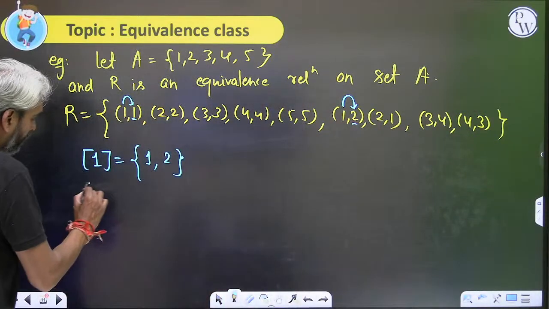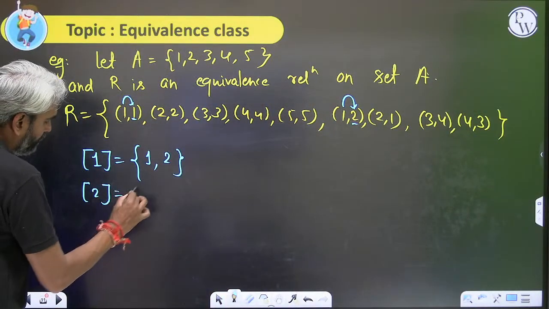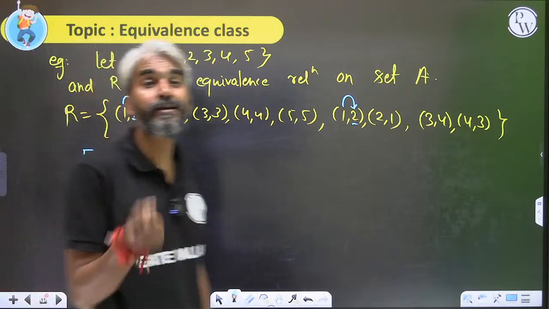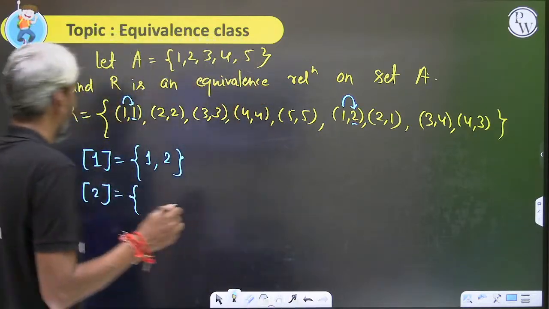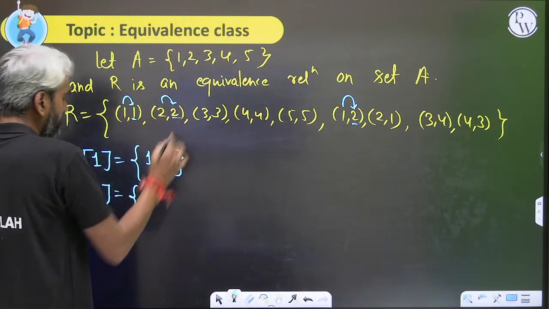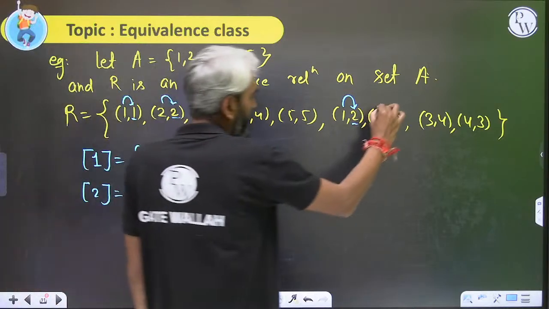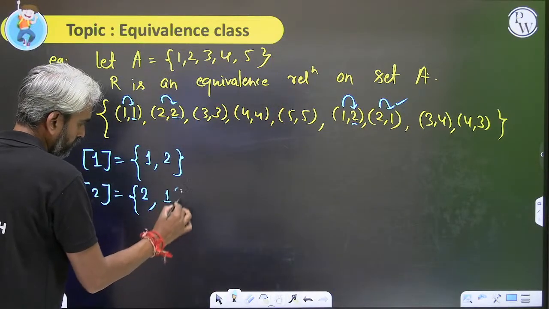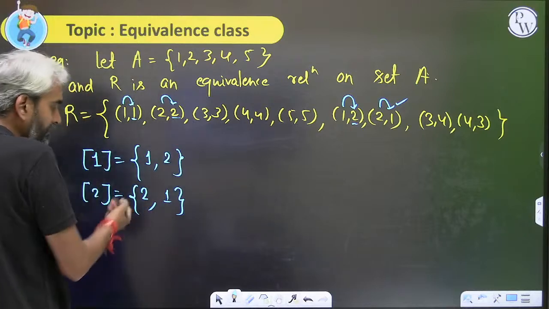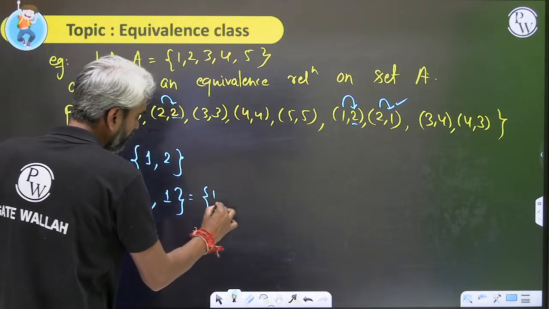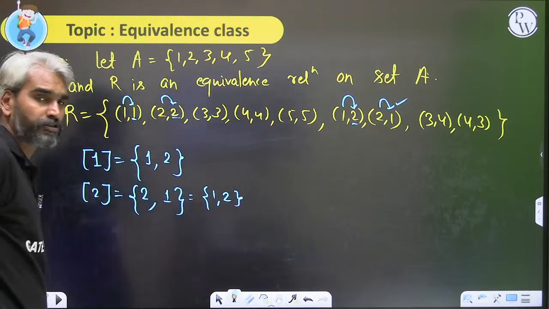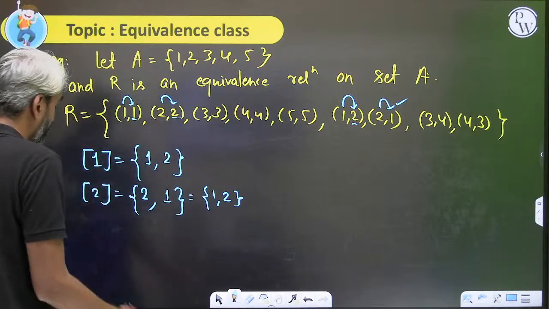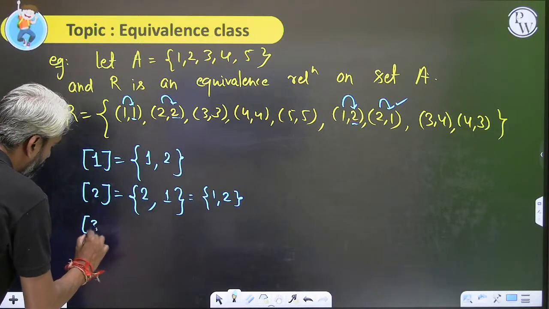Next, what will be the equivalence class of 2? The equivalence class of 2 will be the set of elements which relate with 2. So, sir, here 2 relates with 2, and 2 relates with 1, so 1 will also be part of it. Do you understand that this is a set? Therefore, {2, 1} is exactly the same as {1, 2}. Sir, how do we define the equivalence class of 3?